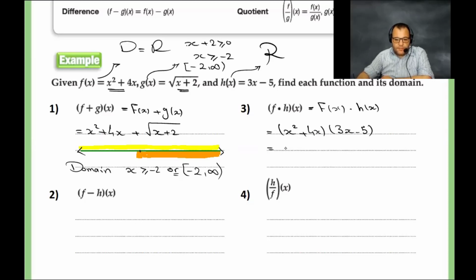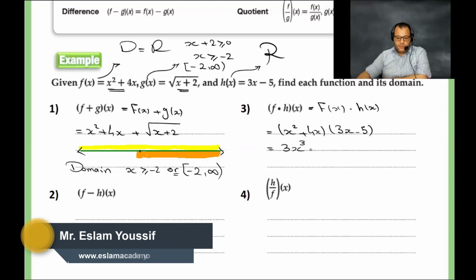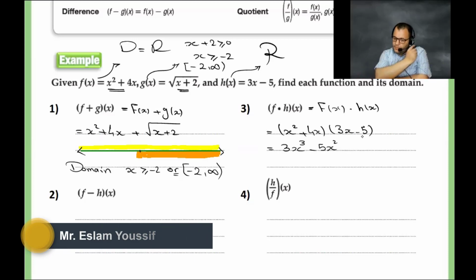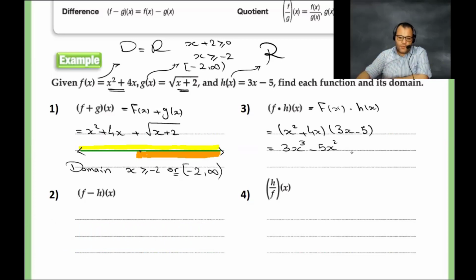So it will be 3x cubed, then negative 5x squared, then 12x squared, then negative 20x.